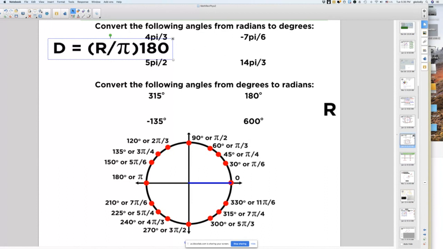So radians. Don't forget we've got 4/3 pi radians. So you're going to put 4/3 pi up here. Now this pi is going to cancel this pi. So you've got 4/3 times 180. How much is that?